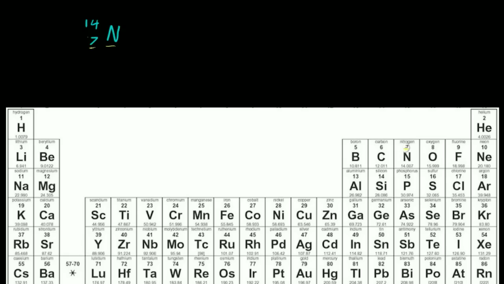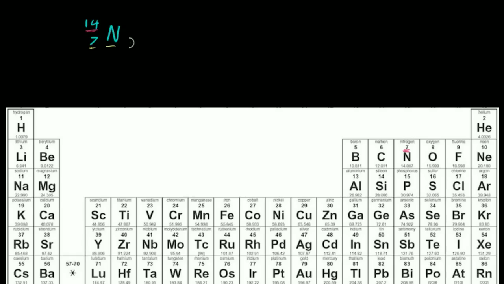The atomic number for nitrogen is 7. So this isotope is nitrogen 14, and this number is our atomic mass.